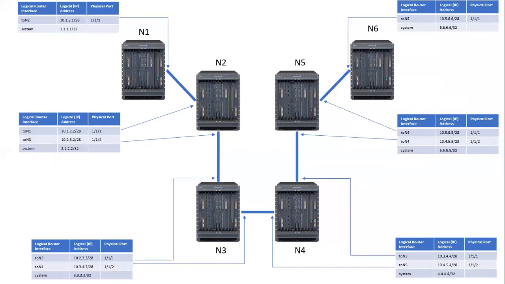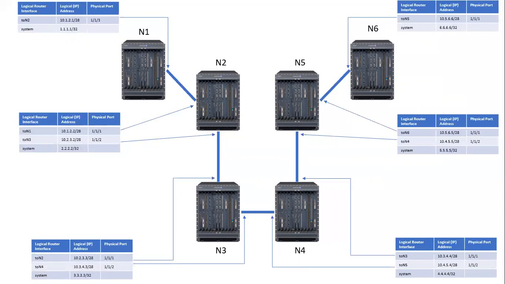And we'll look at our logical router interfaces with our physical port bindings. On N1, we see that the physical port module 1/adapter 1/port 1 is going to be bound to the logical router interface 2N2, and its logical address is going to be 10.1.2.1/28.